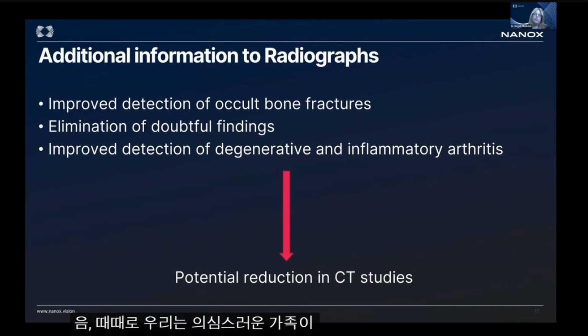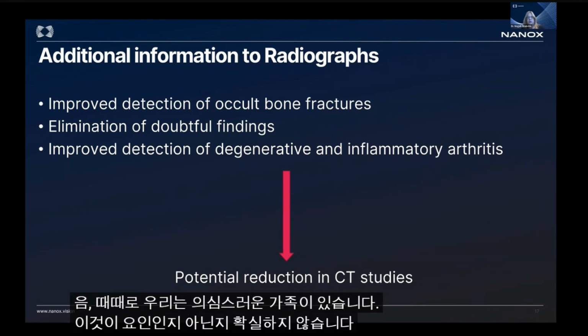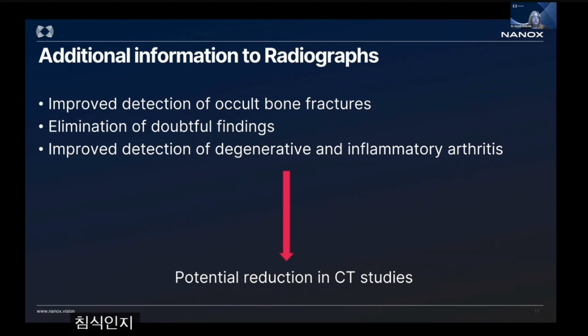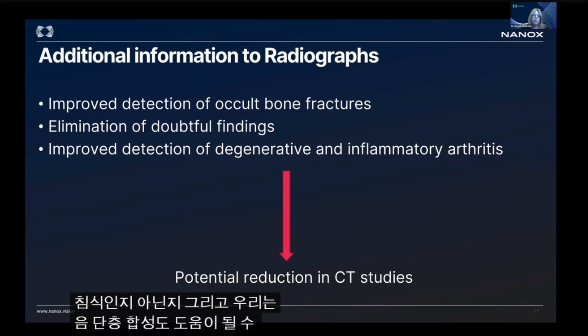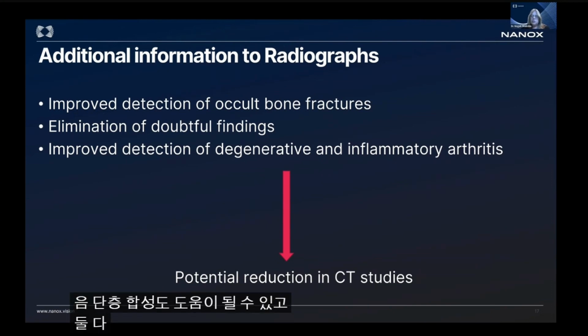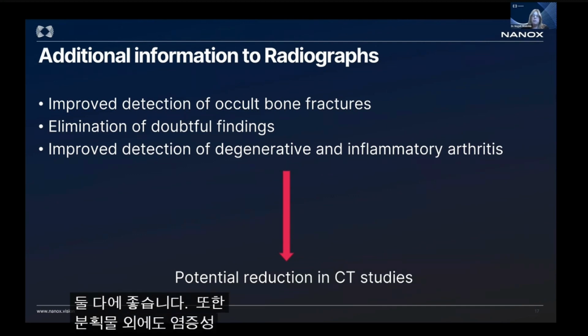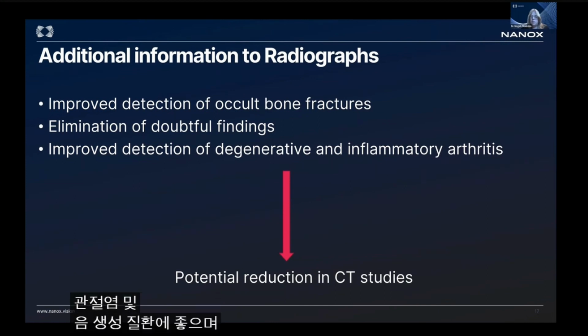Sometimes we have doubtful findings. We're not sure whether this is a fracture or not, or an erosion or not, and then tomosynthesis can be helpful as well. And in addition to fractures, it's also good for inflammatory arthritis and degenerative disease.